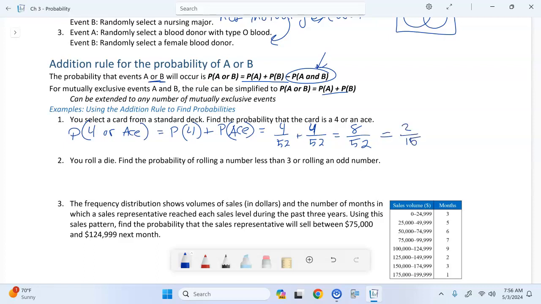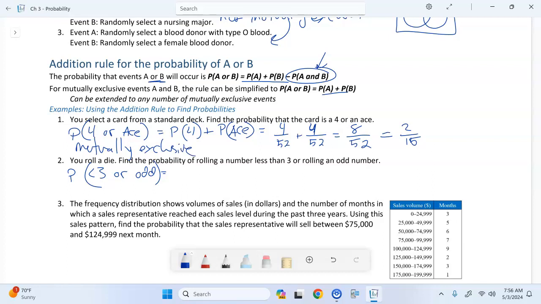You roll a die. Find the probability of rolling either a number less than 3 or rolling an odd number. So the last one was mutually exclusive.